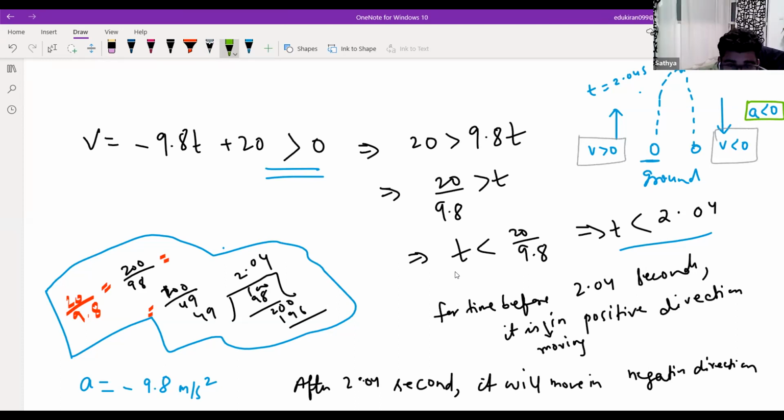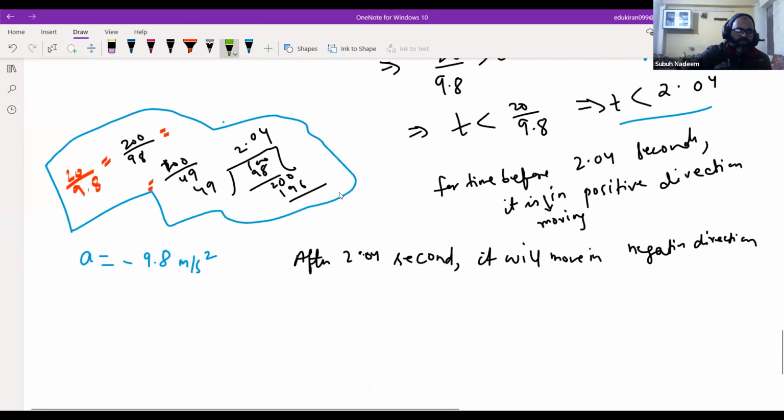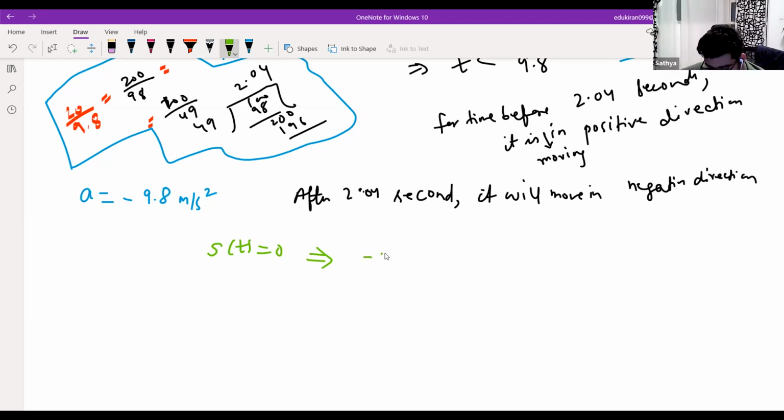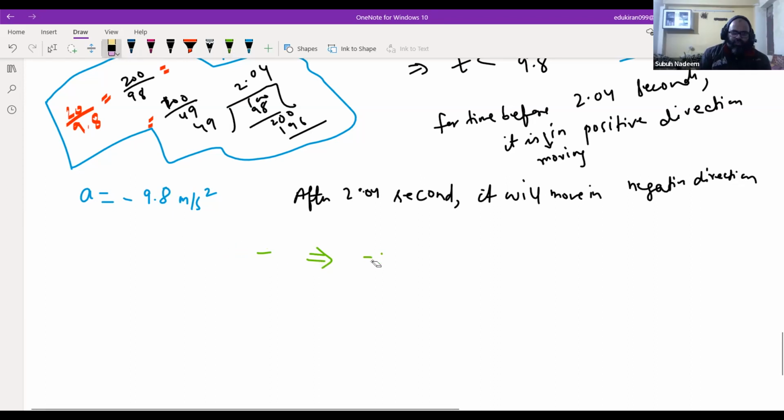Yes, sir. Now, what is the last point? At what time does the object come back to its original position? Okay, so the displacement is 0. Now it is saying the displacement is 0. So what was the equation of the displacement? Is it 2 point? Yeah, you can say that also.